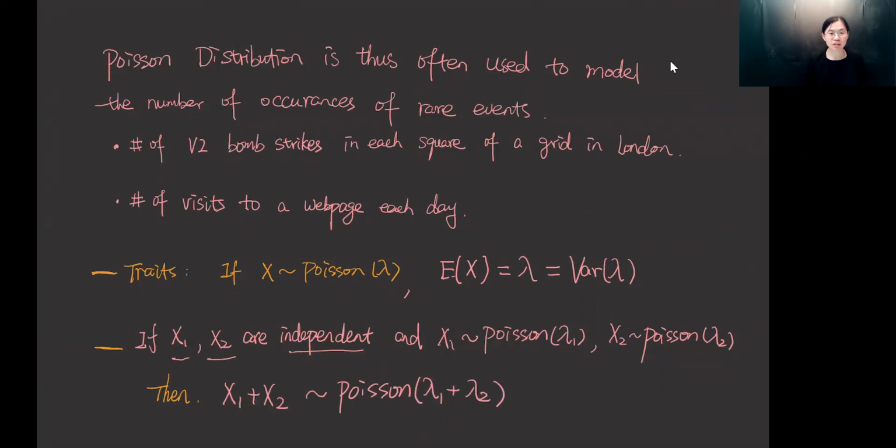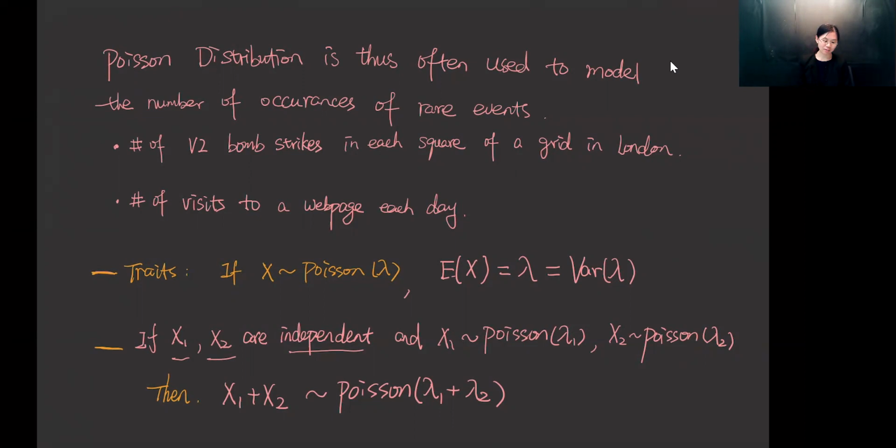So this is not surprising, and it's quite intuitive when you think about this emergency room arrival example. So suppose that x1 is the number of arrivals from the west part of the city, x2 is the number of arrivals from the east part of the city, and x1 plus x2 is the number of arrivals from both parts of the city.